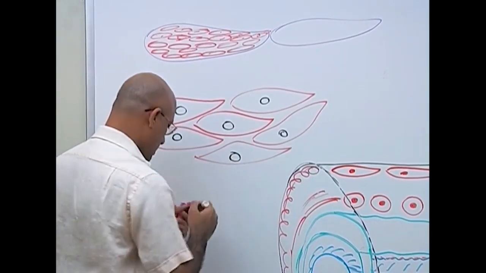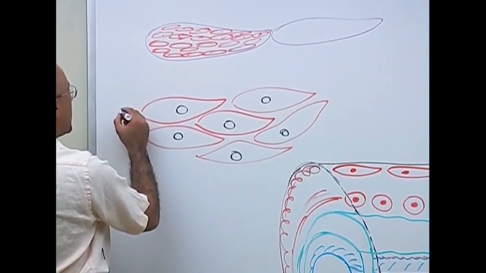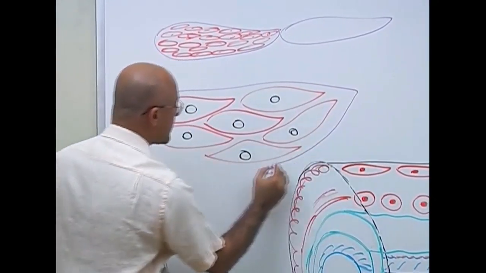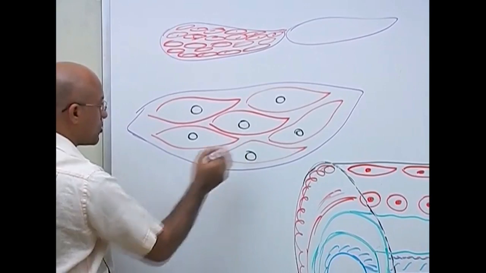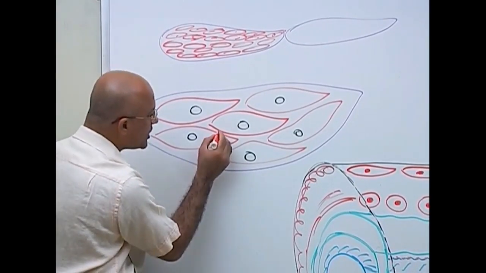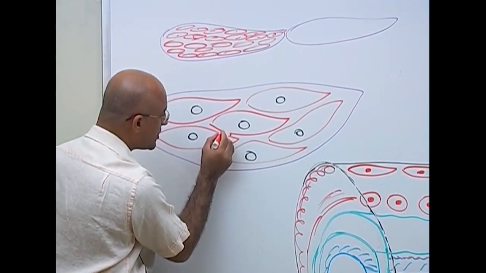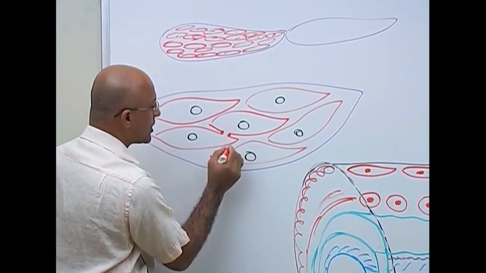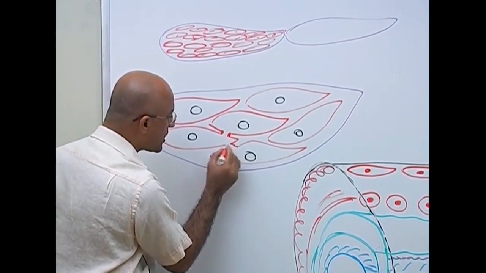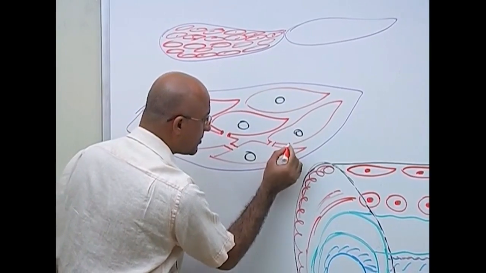Now let us suppose these few smooth muscles represent one bundle, but of course in one bundle there are about 1,000 smooth muscle cells. These smooth muscles are connected with each other through gap junctions. These are gap junctions, and these gap junctions are low resistance communication systems.